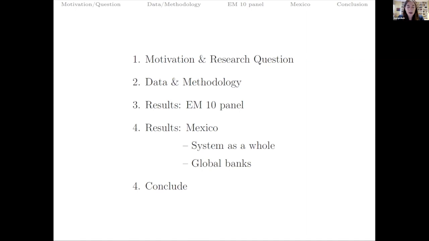And then I will spend some time on results that dig deeper using data that I have access to for Mexico. That data is granular, it's at the bank level, and so there are several hypotheses that I can test with that data that it's challenging to test with the emerging market currency data. Then I'll conclude, and I very much look forward to the discussants' comments.